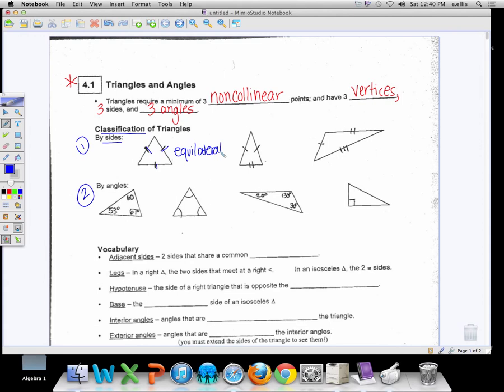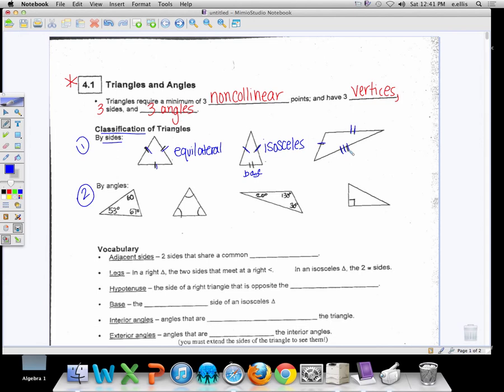The middle triangle, you have 2 sides that are congruent. Your base down here at the bottom definitely does not match. Just the top 2 are congruent. That would be our isosceles triangle. Now the third one, we have not talked about this one yet. We have 1, 2, and 3 different lengths on all 3 sides.